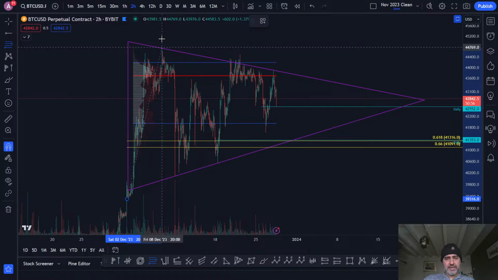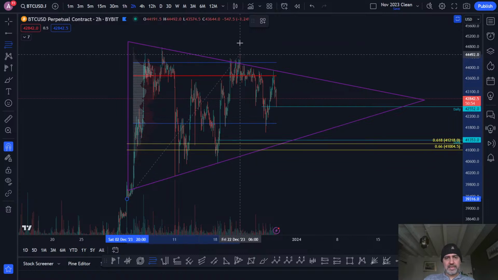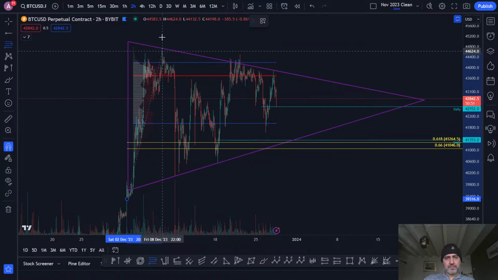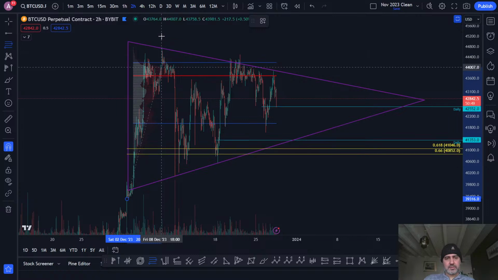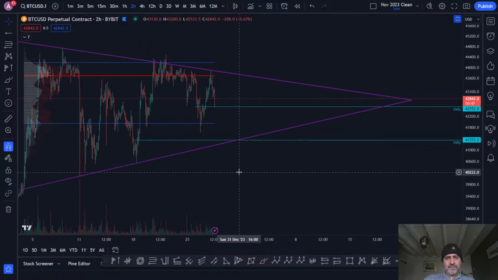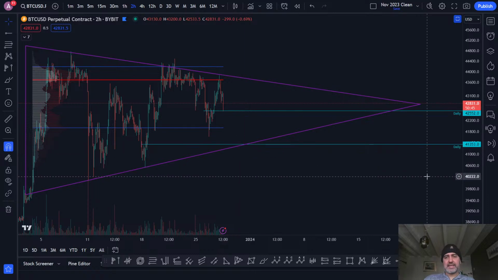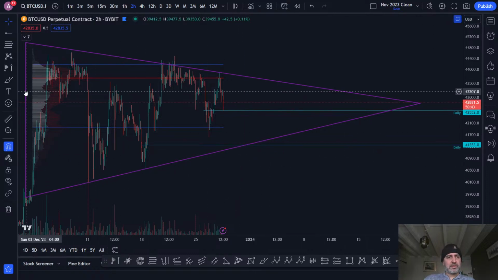Look, they all kind of line up. They're all lining up. See? I think this SFP into the daily level also lines up with the golden pocket.